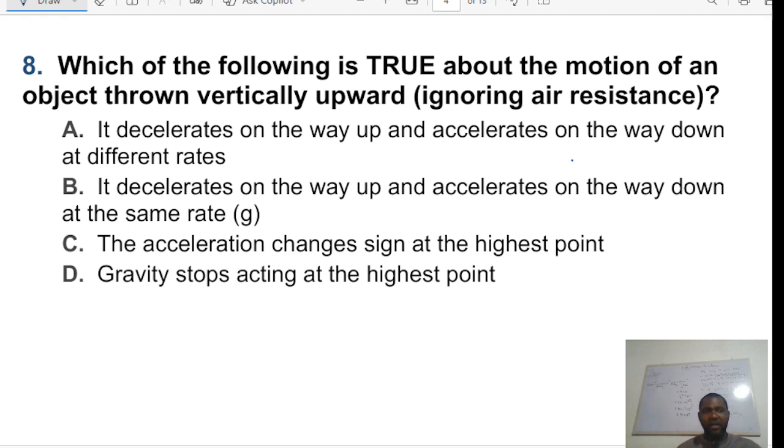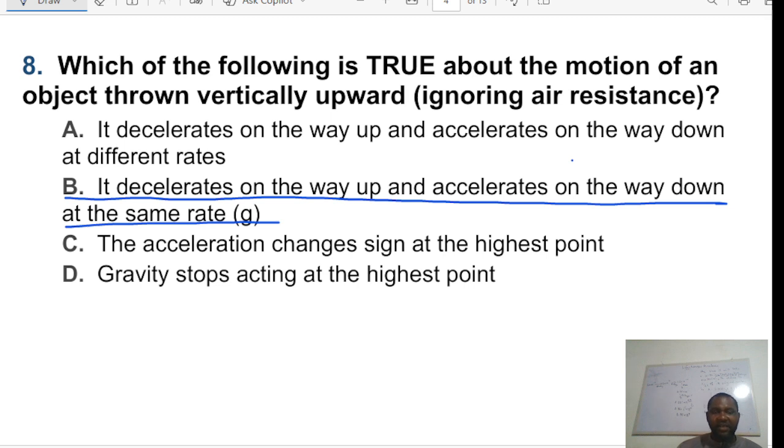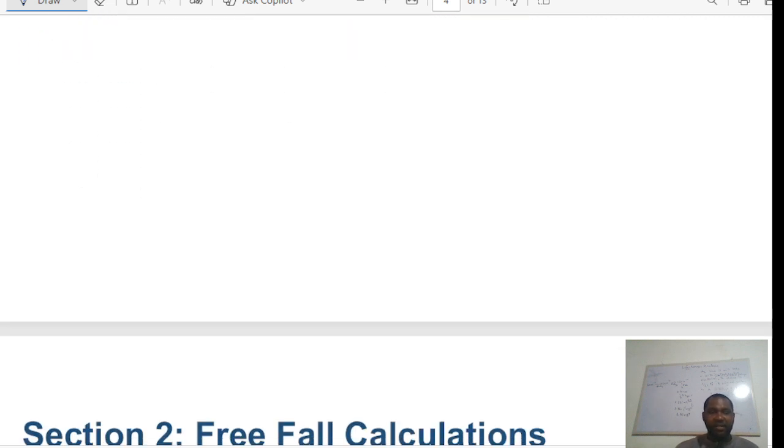Not really, no, not different rates. B says it decelerates on its way up and accelerates on its way down at the same rate. That's the best answer. C says the acceleration changes sign at its highest point. That's not true. D says gravity stops acting at its highest point. That's not true. So the answer to this question is B. Okay, now that is very important.